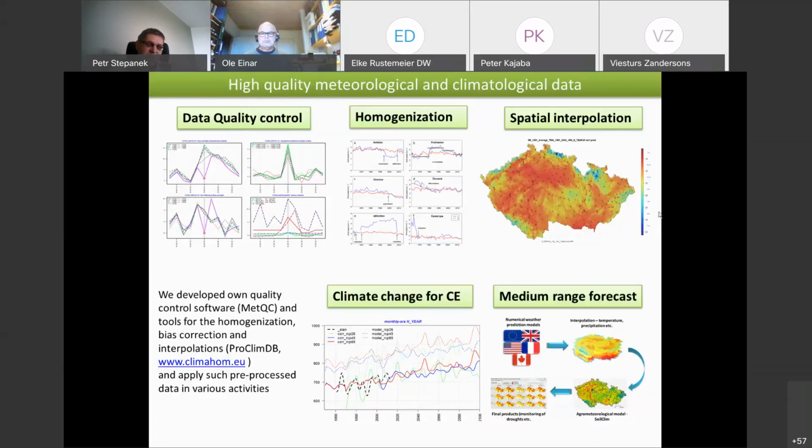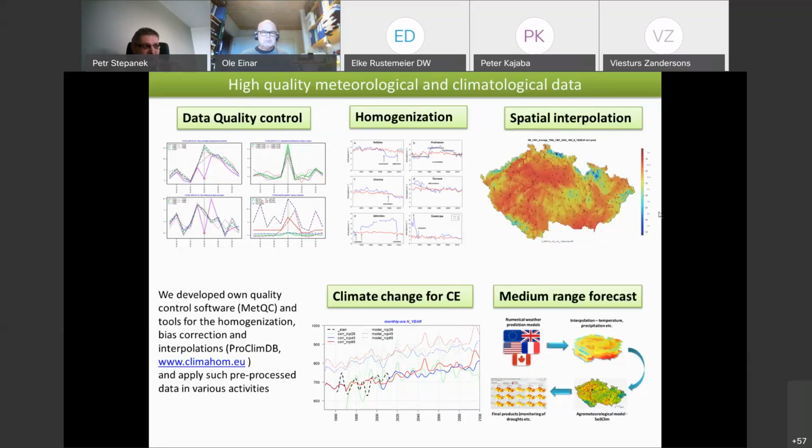Finally, we put the code into R code, so it can be shared very easily and applied in many places. Now we want to move from even daily data to quality control of hourly data, which is something that we test just now within our meteorological institution in the Czech Republic.